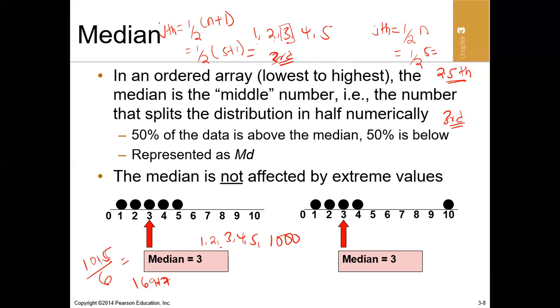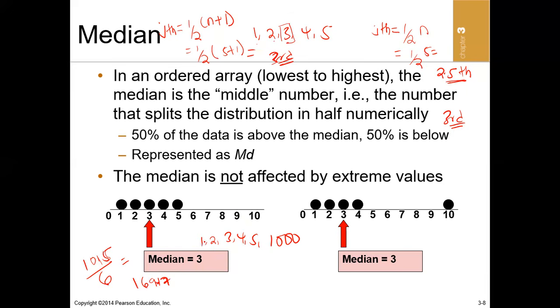Because if I want to find the median of these figures, the figures are 6, all right? So if I want to find the median, 6 divided by 2 is 3. The figures are 1, 2, 3, 4, 5, 6. So it will be the third position.